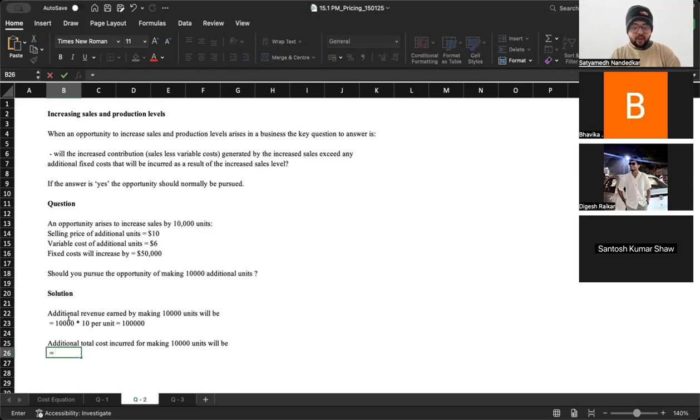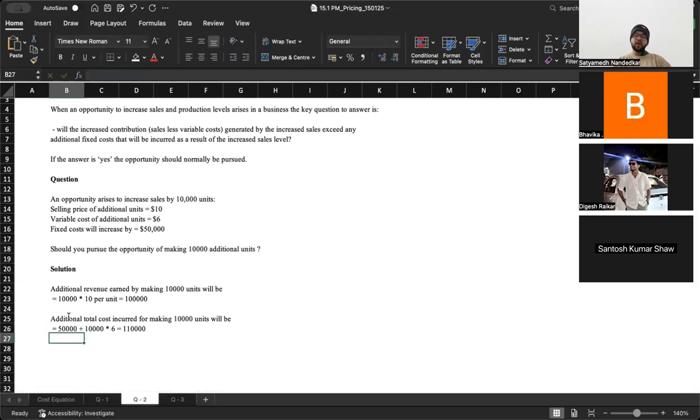How much is the additional fixed cost? 50,000 plus 10,000 into variable cost is 6 per unit. This will be 1,10,000. You can very clearly see that additional cost you will incur on making 10,000 units is far greater as compared to the additional revenue earned. So you should not pursue the opportunity of making these 10,000 units.